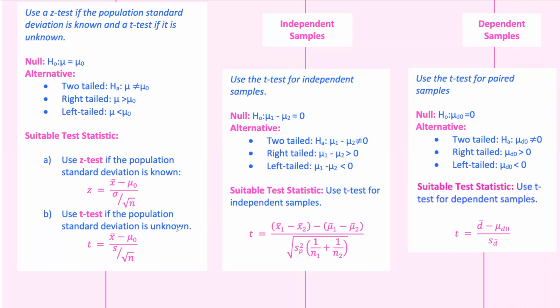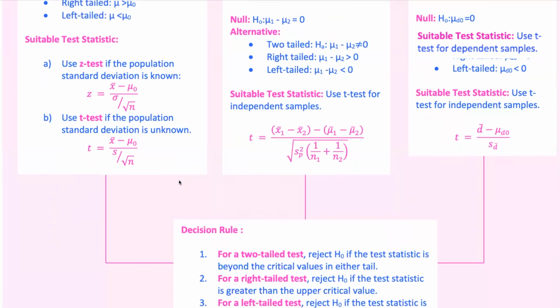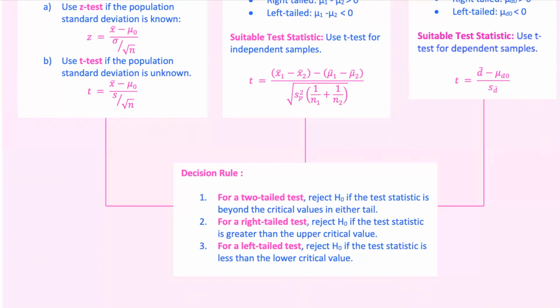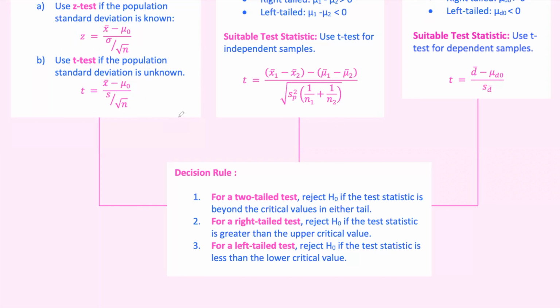Now, let's talk about how we make decisions using our test statistics. When we're testing a hypothesis, we compare our calculated test statistic to a critical value that we get from the z or t distribution table, depending on the significance level we've chosen. For a two-tailed test, if our test statistic falls beyond the critical values in either tail, we reject the null hypothesis.